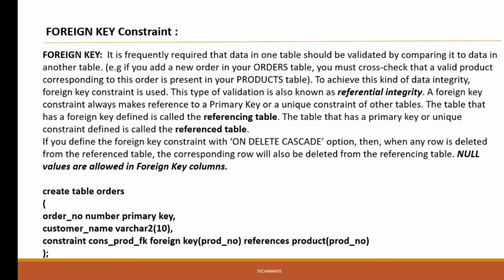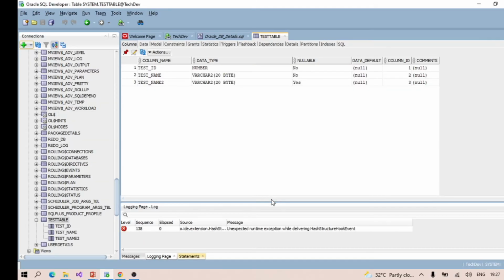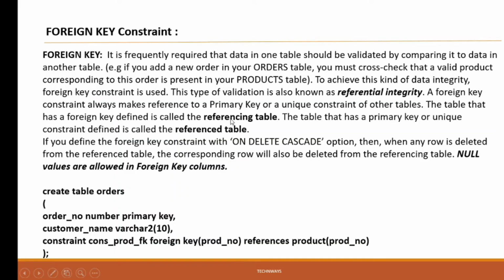Foreign key constraint. Okay, so here I can't show you the foreign key, I'm explaining what the foreign key actually is. Foreign key is something like, if you have a customer detail table, and you have customer ID, customer name, customer address, customer city, mobile number, and other details also, like pin code.